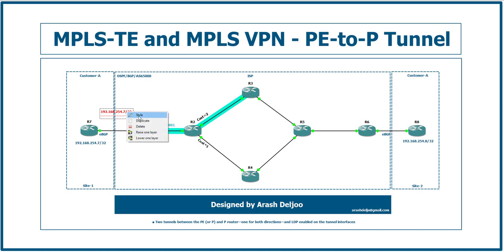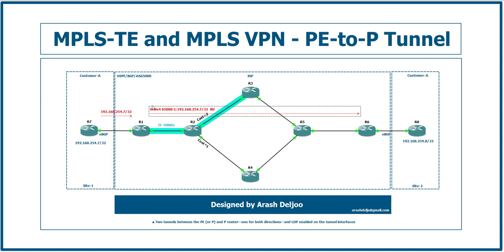Now R1 should forward this update only to R6 because we have BGP neighborship with router 6, and you know that here we need to convert the IPv4 to VPNv4 with the RD. Here we have VPNv4 and the RD is 65000:1, for example, and then 192.168.254.7.